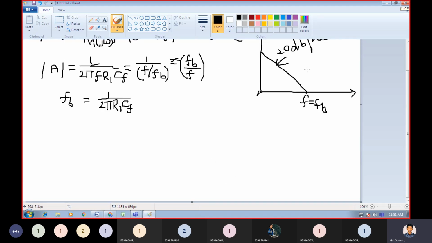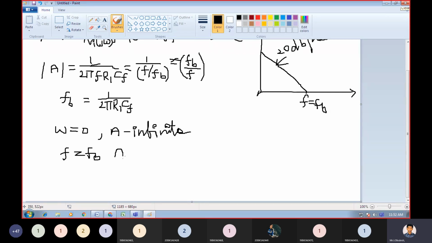See, from this frequency response of the ideal integrator, assume that if the omega value is equal to 0, what will happen? The gain is infinity. If the f value is fb, what will happen?